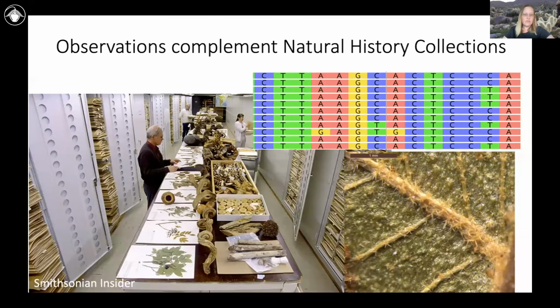And so yeah, it's a wonderful set of data that really complements natural history collections. And I talked a bit about herbarium specimens already, but the things that you can't get from an iNaturalist observation are DNA sequences, and then almost never, you know, I work on this group of ferns that have these really intricate hairs and details of the venation and the glands.